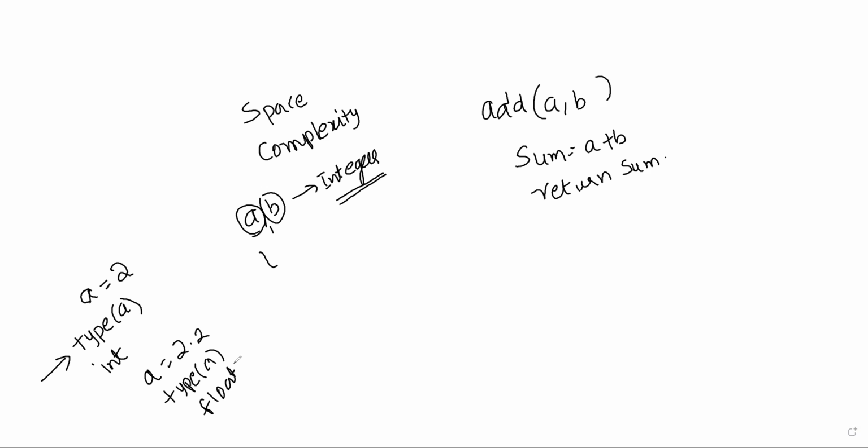The only difference between the compiler language and the interpreter language is that the interpreter language will allocate the memory on the run, on the flow. But the compiler does not do that. It always compiles first and then runs. That's the only difference.